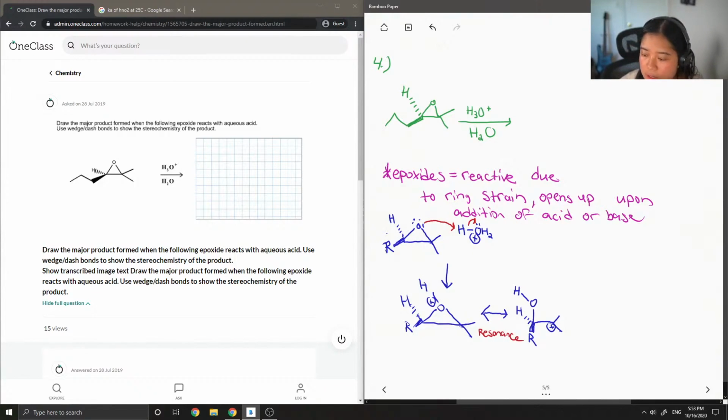Okay, so as you can see, the positive charge that used to be on the oxygen has moved to this tertiary carbon, and that's because this structure is more stable than this positively charged epoxide ring. So I'll just write that down. So this forms a stable tertiary, and this is what's called a carbocation.